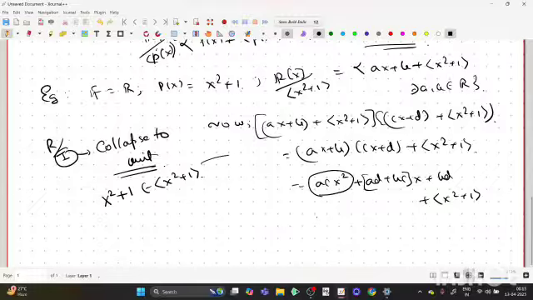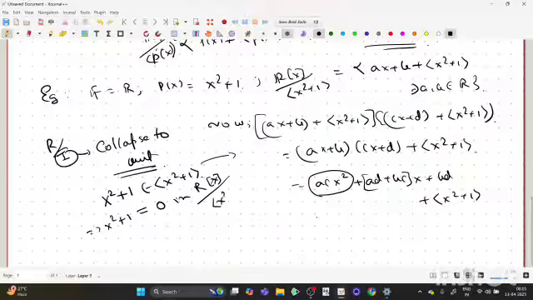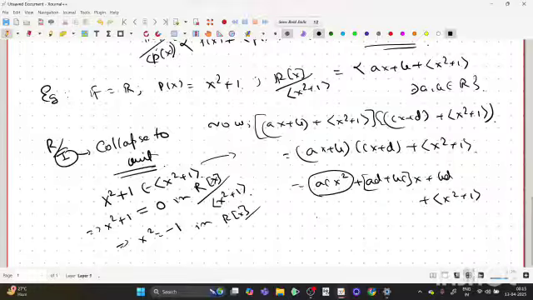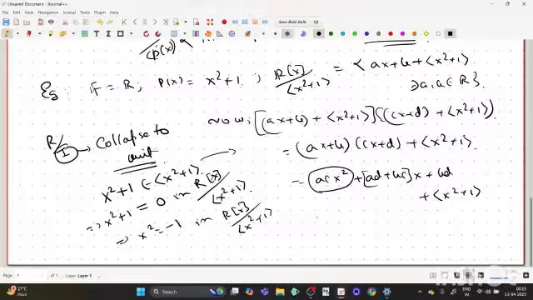So in this example, x square plus 1 is equal to 0 in the quotient ring. That means x square is equal to minus 1 in this quotient ring. That's exactly what I meant to say, right? Therefore, I can replace x square by minus 1. Getting my point?